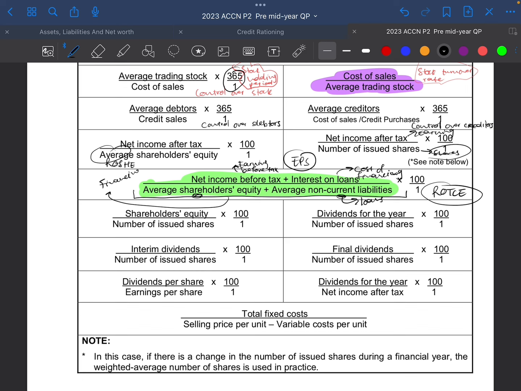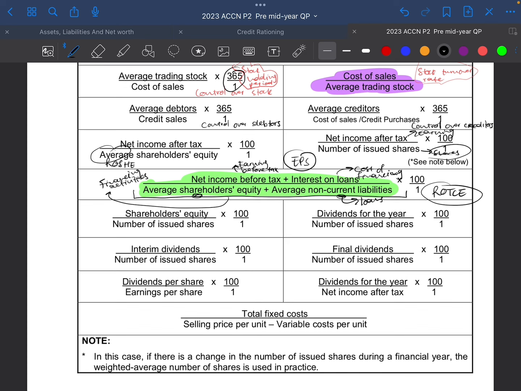That's where we issue shares and we take loans, right? Financing activities. So here we want to check, of these two financing activities, how much have we made? What's the percentage that we have made from the two financing activities?